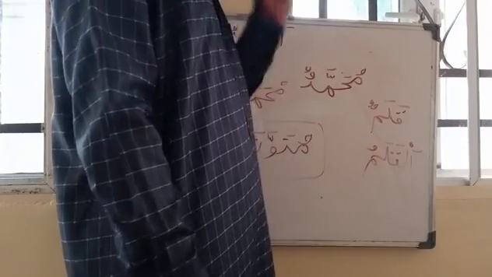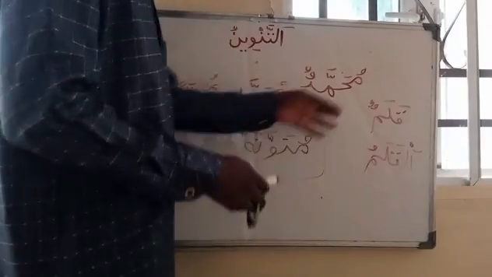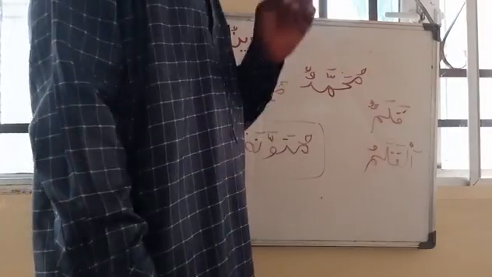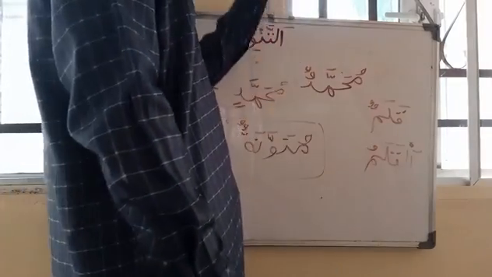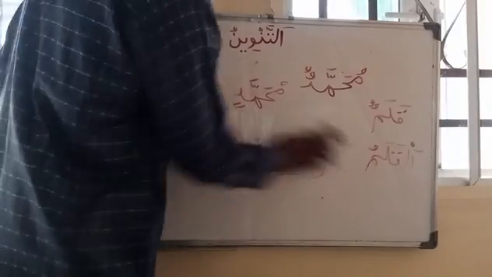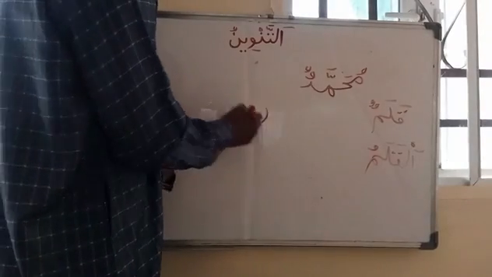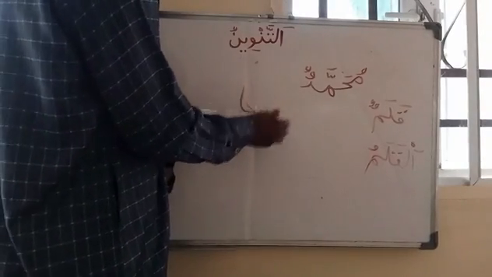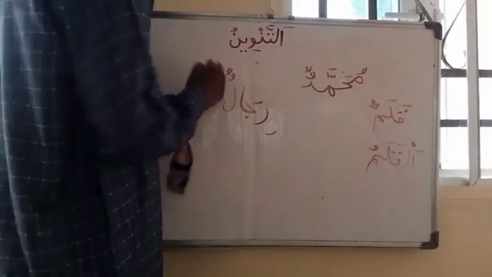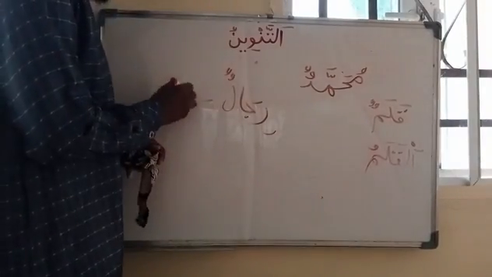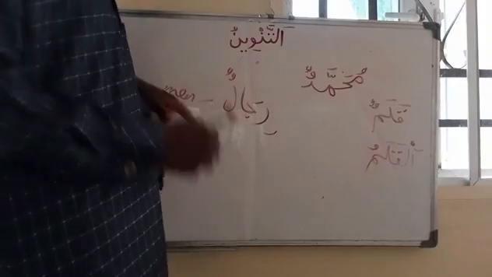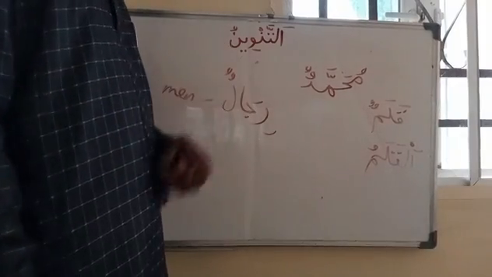You understand? So having a tanwin does not signify just something singular, but it signifies indefinite. A word like rijalun, in meaning, it means men. It's a plural word, despite ending in tanwin.